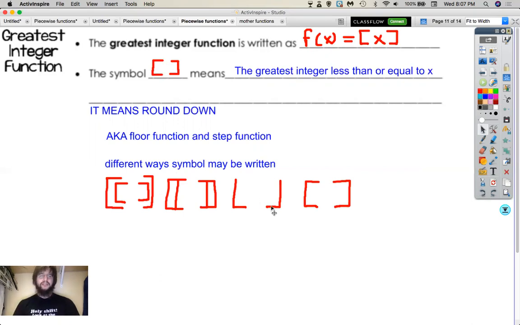I actually prefer this symbol right here. I used it a lot when I was programming stuff, but it's not on the keyboard. So we're just going to go with the one that's on the keyboard, nice and easy to type. But these are all different ways that you might see the greatest integer symbol. They all mean the same thing. Now let's look at some examples and pay close attention to detail.